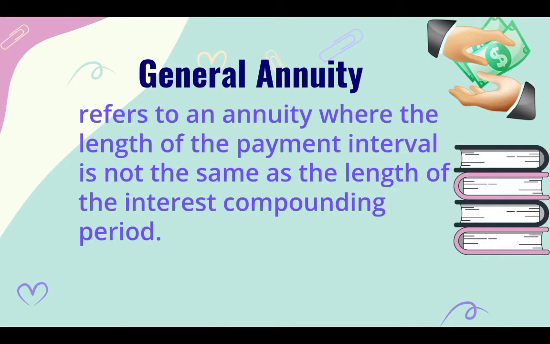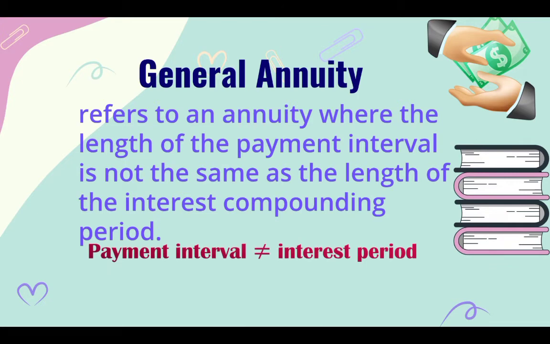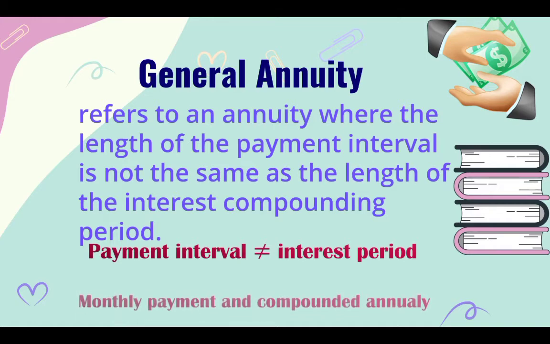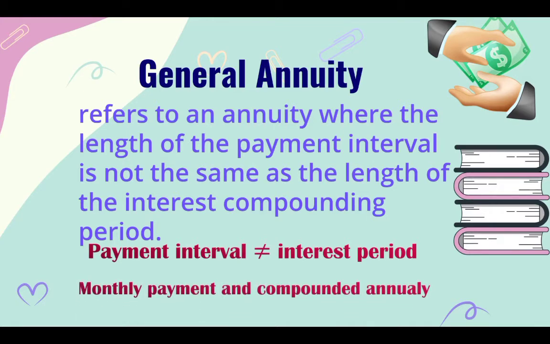Okay, let us now proceed to general annuity. It refers to an annuity where the length of the payment interval is not the same as the length of the interest compounding period. So the payment interval is not equal to the interest period. For example, you are having a monthly payment and it is compounded annually.